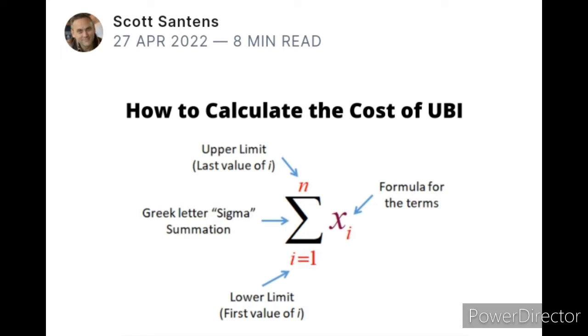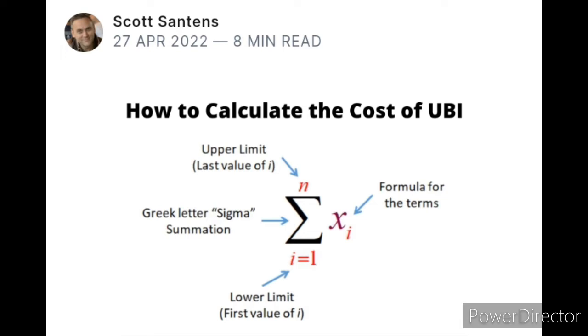Now let's calculate the cost of UBI for 2 people. To do that, we'll need to figure out the cost of each person and then add those 2 differences together. So C1 equals D1 minus T1, C2 equals D2 minus T2, C equals C1 plus C2. At this point, I hope it's apparent that the cost of a UBI is a summation of the individual differences between the amount of UBI received and the amount of new taxes paid across all recipients of UBI.